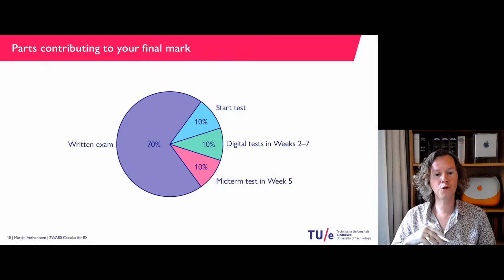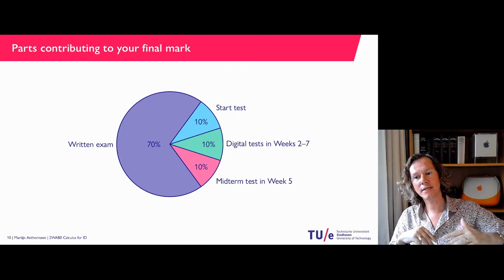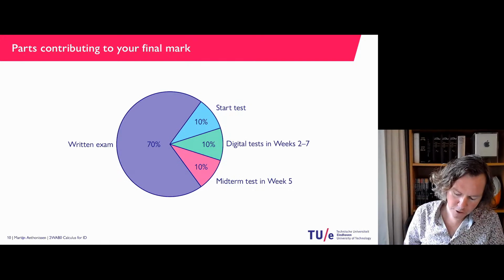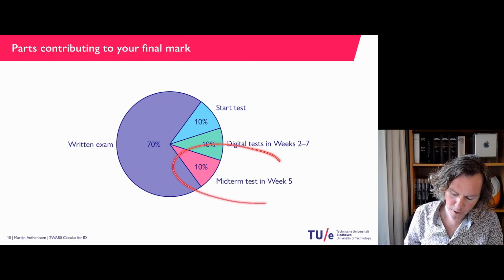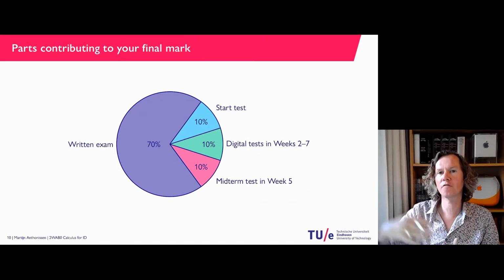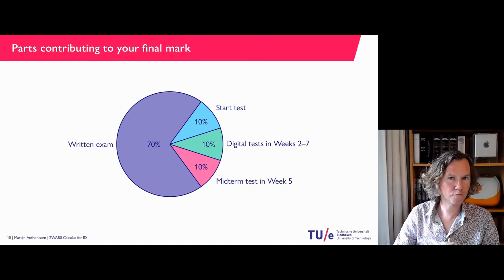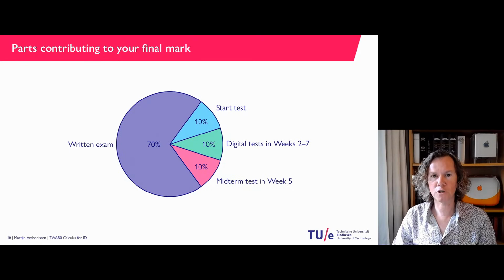So you go in your web browser to a site, the link is on Canvas. You answer a couple of questions there, and that also counts 10% towards your grade. Then, as I said, in week 5, there is going to be like a small exam, if you like. It's a bit like the final exam, but shorter, and only about the first couple of weeks of the course, obviously. And that's also 10%.